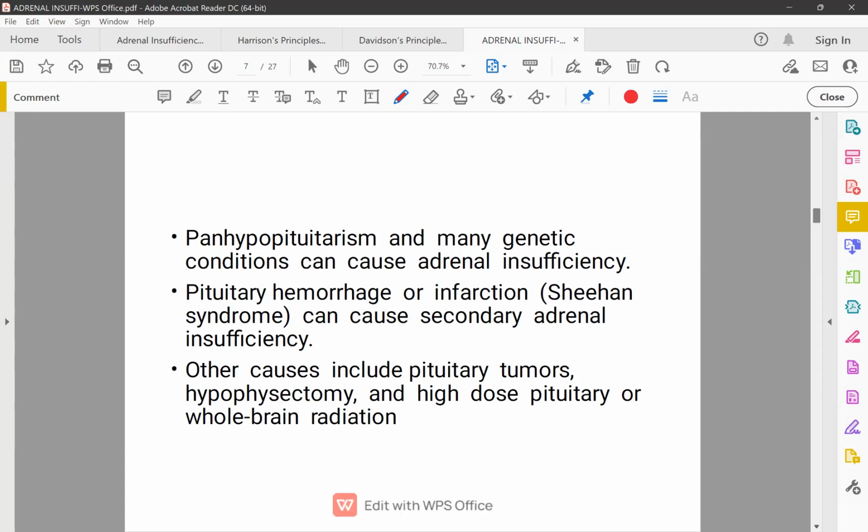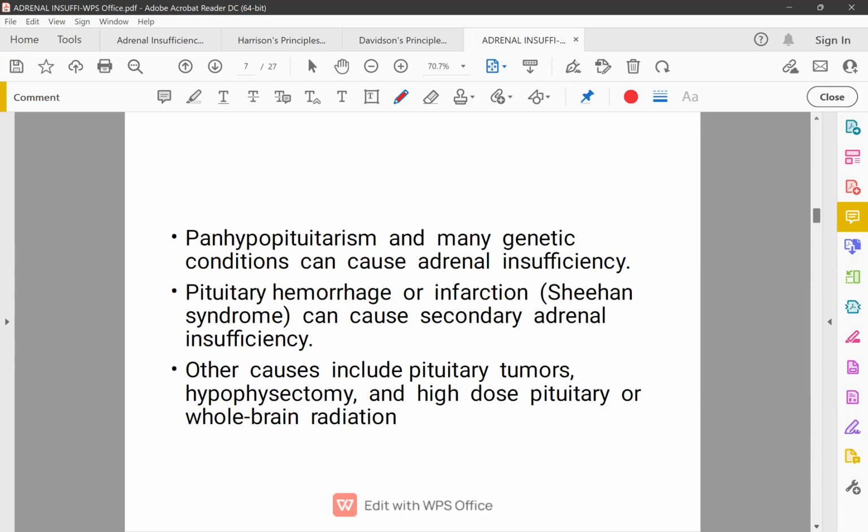That lady had luckily recovered, and she had postpartum pituitary hemorrhage, which is called Sheehan syndrome. Adrenal hemorrhage is called Waterhouse-Friderichsen syndrome. Sheehan syndrome is the postpartum pituitary necrosis. This could cause a secondary level disease, because this hemorrhage is in the pituitary, so mineralocorticoid is not affected. Mainly the corticoid is affected.